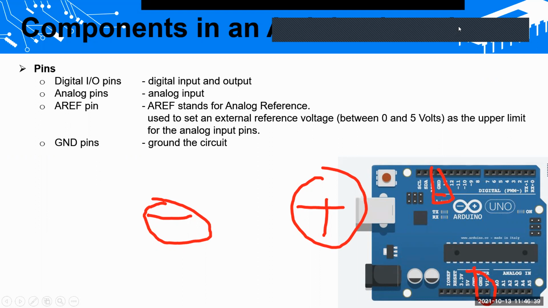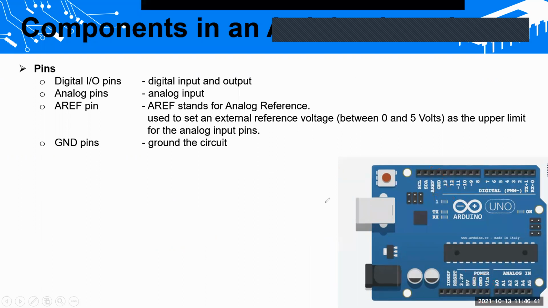If you are powering up an LED, you can connect one end to 5 volt and the other end to ground. But the 5 volt will burn the LED. In that case, you can give some 3 voltage or whatever from this PWM pin and ground it using this ground pin. So these are the pins we have.